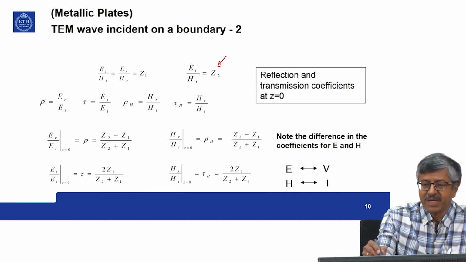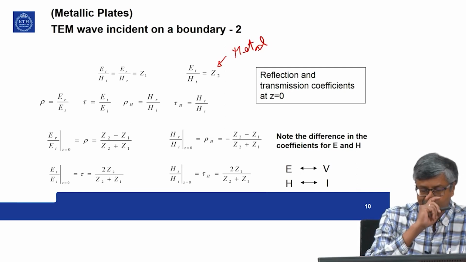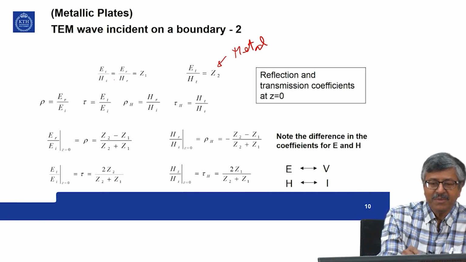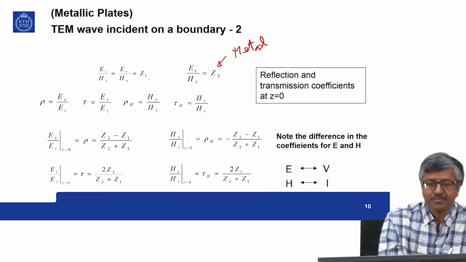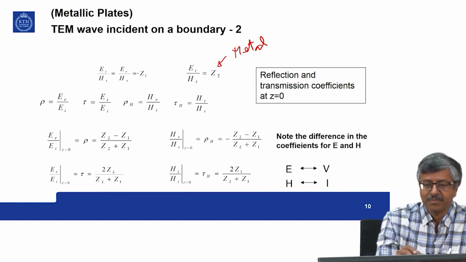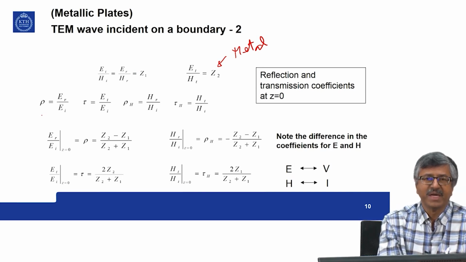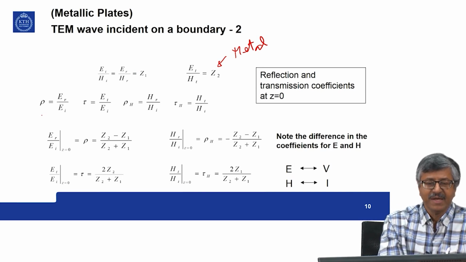So, this medium is metal. So, EI by HI is Z1 and that is equal to ER by HR. So, this is in medium 1. Now, reflection coefficient is defined as ER by EI, reflected by incident.